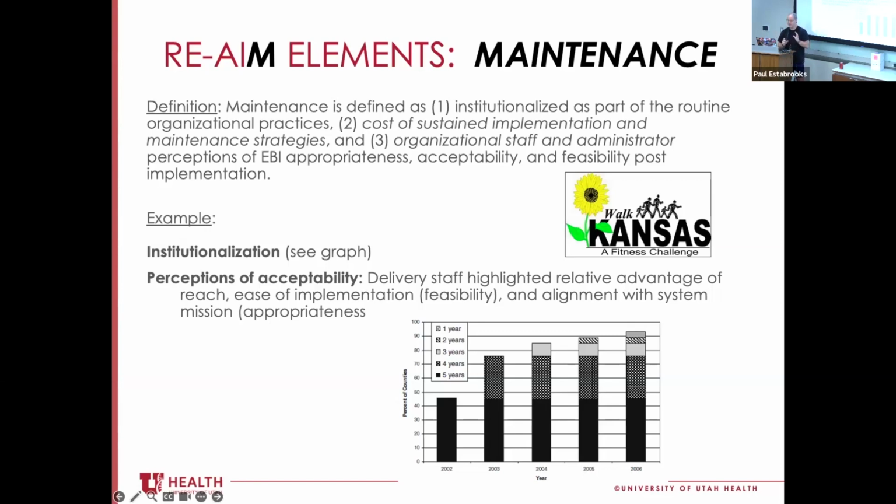Again, you can see we've got the RE-AIM institutionalization definition, and then costs, and then finally, again, the acceptability, appropriateness, and feasibility. And the thing I wanted to point out here was that one of the other things about acceptability, feasibility, and appropriateness is that it's temporally loaded, right? Like I have these perceptions in pre-implementation about what I'm going to implement.